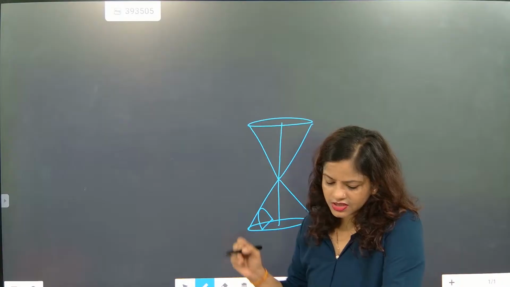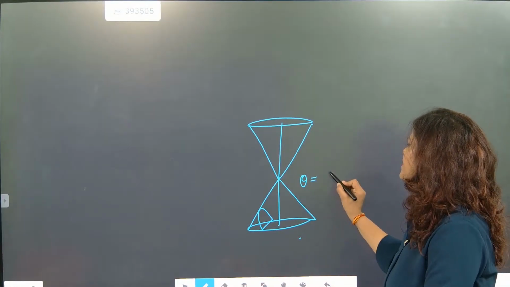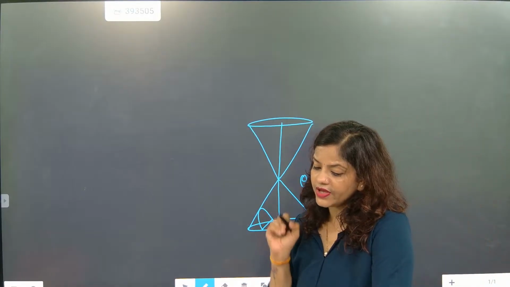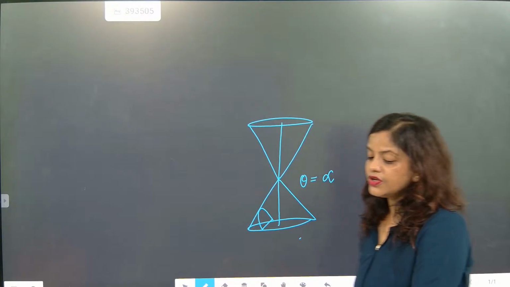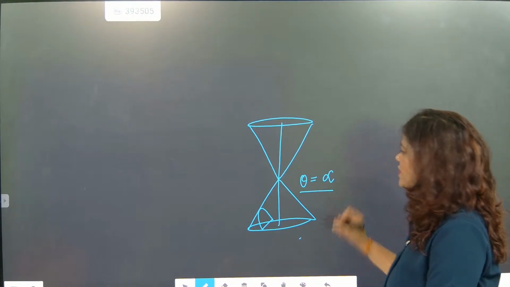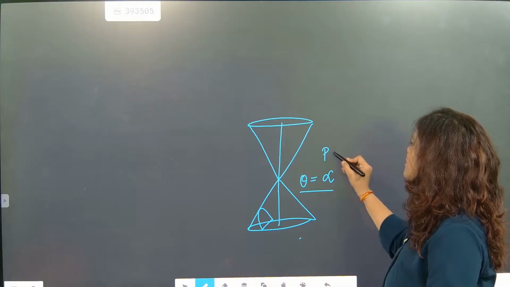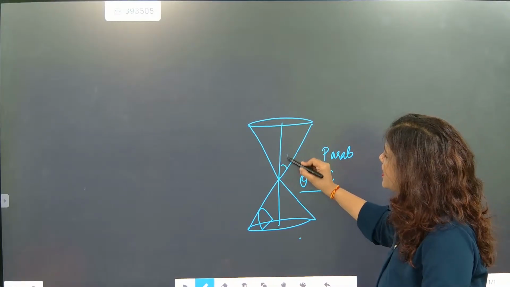Understood? Whenever you cut like this, theta will definitely be equal to alpha. Everything in conic sections has a specific angle and specific detailing. The moment theta is equal to alpha, it makes a parabola, because this angle is subtended as alpha.